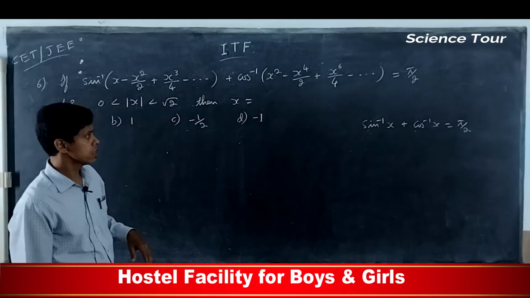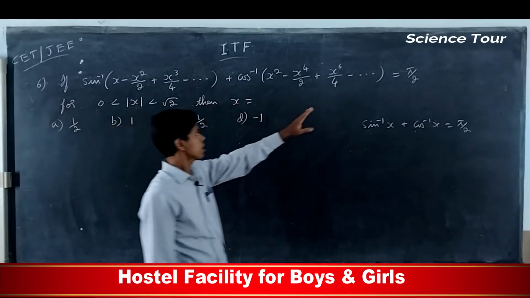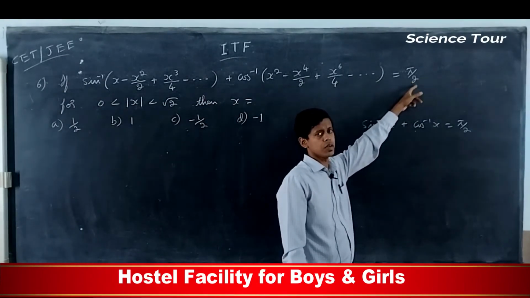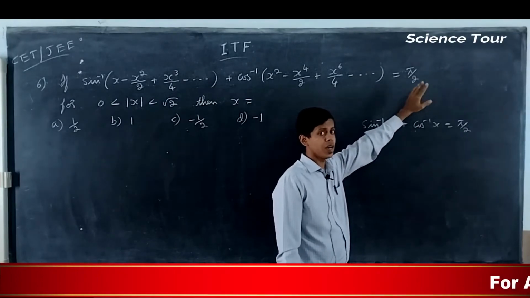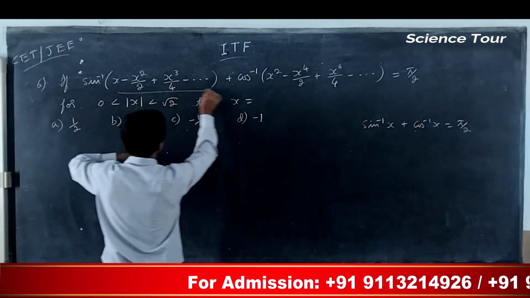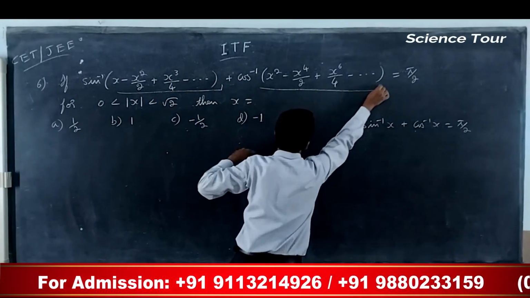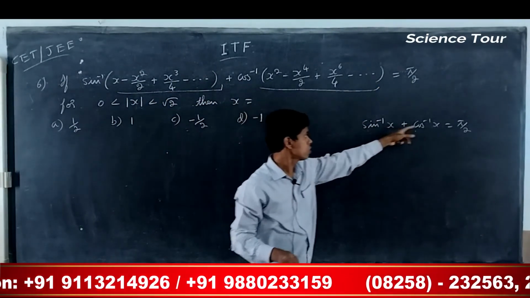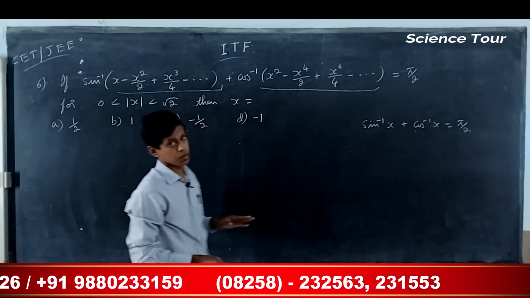Right, students? You know that property. Now look at this. They have given the answer as pi by 2. So when will it be pi by 2? Only if these expressions are equal. These values must be equal.